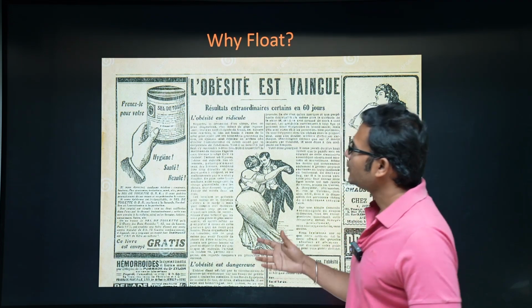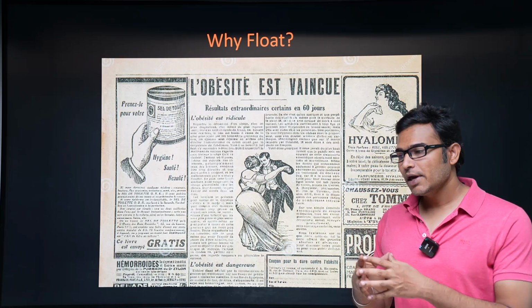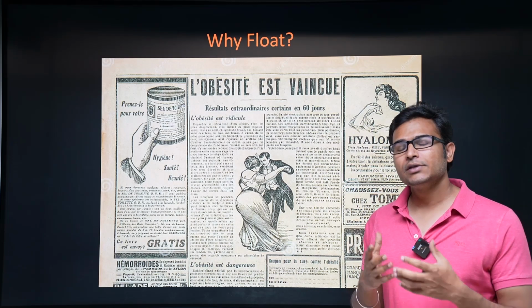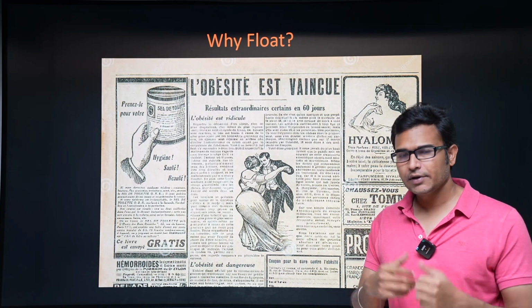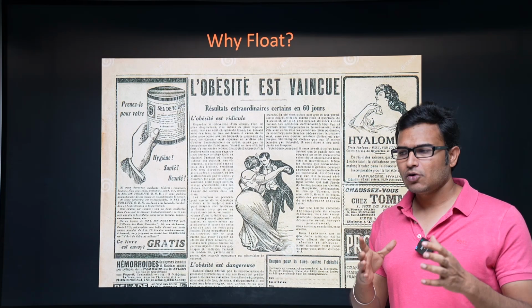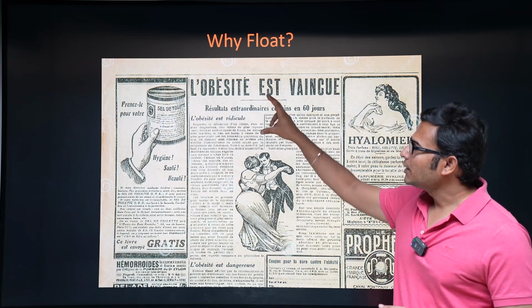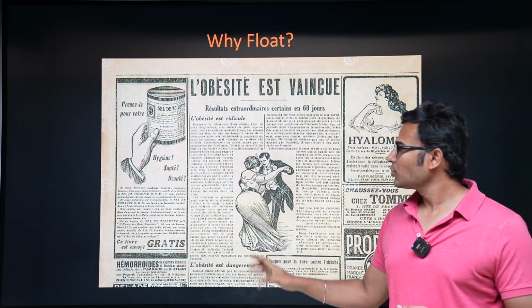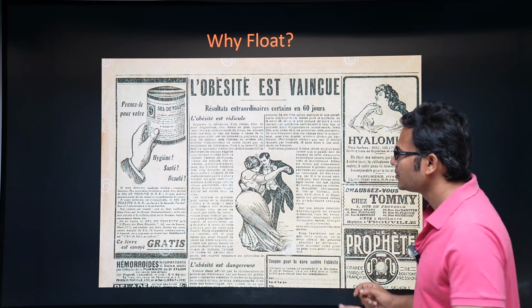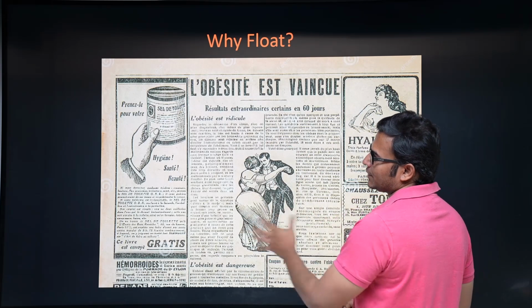For example, you had newspapers. Now also you have newspapers, right? But the way the content is organized in newspapers is in such a way that they don't want to waste any space. When there is a lot of text and when there are images, you cannot write all the images and then the text. You are going to wrap it. See, for example, there is an image and the text is wrapping it.